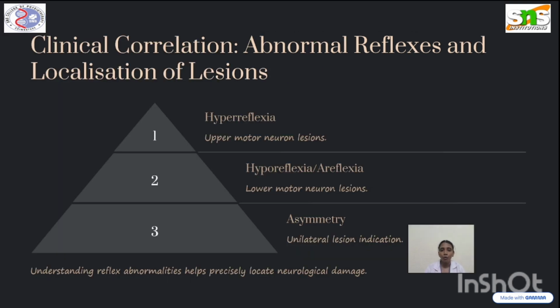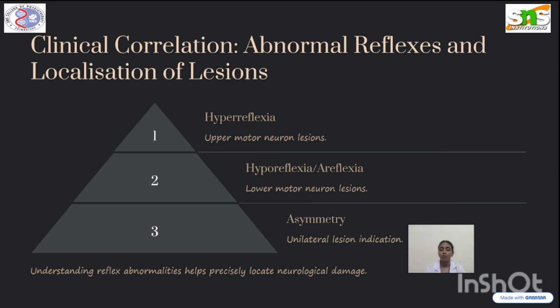Next, the clinical correlation with the help of reflex testing. If the reflexes are abnormal, we can localize the lesion based on the reflex assessment results. First one is hyperreflexia. If the reflex is 3 plus or 4 plus in grading, it indicates an upper motor neuron lesion.